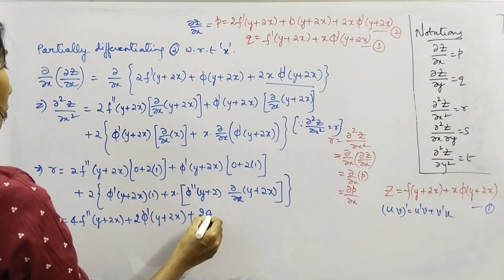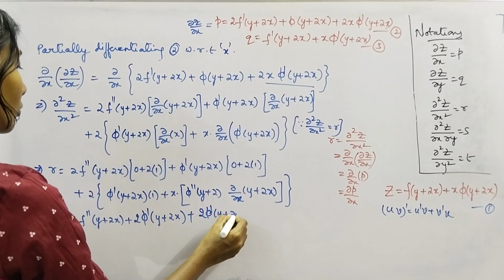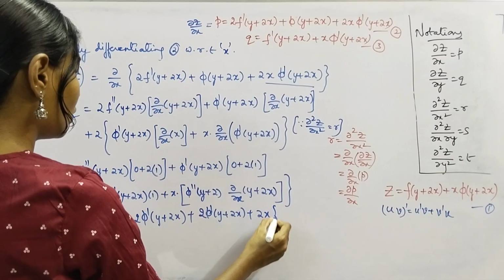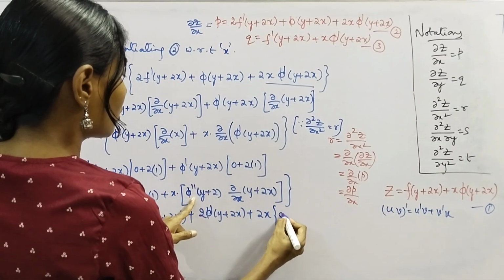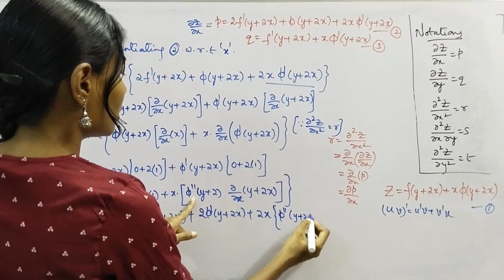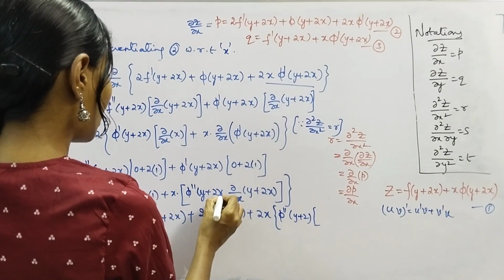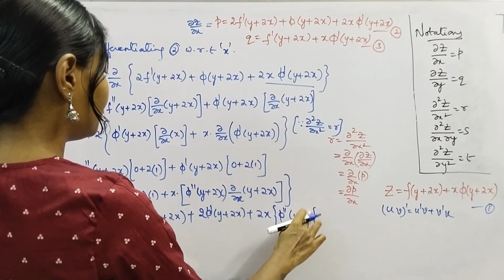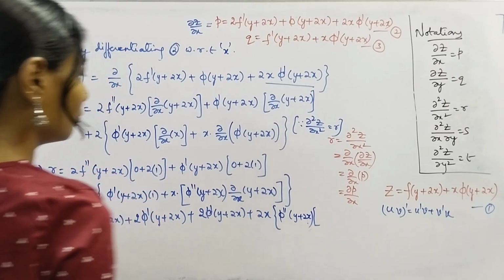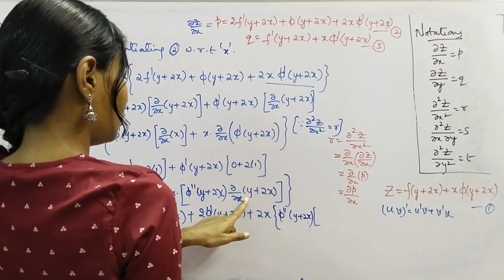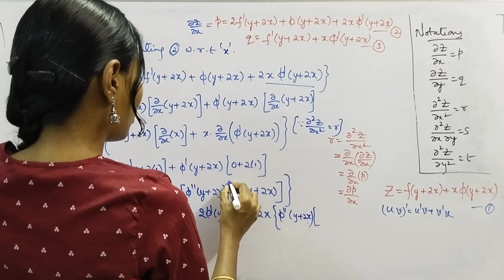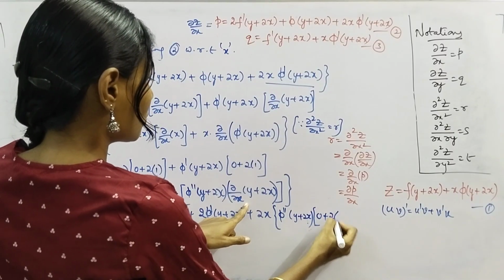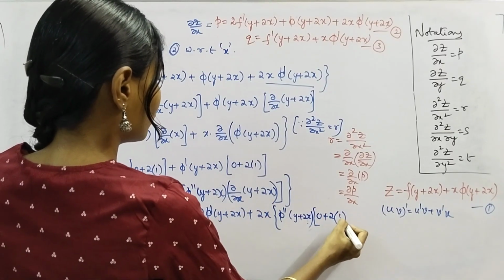You'll get 2 phi dash here plus 2x into phi double dash of y plus 2x into, it's 2x, write properly, inner derivative, partial derivative of y with respect to x is 0 plus 2 times partial derivative of x with respect to x is 1.